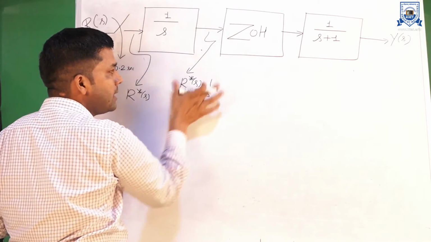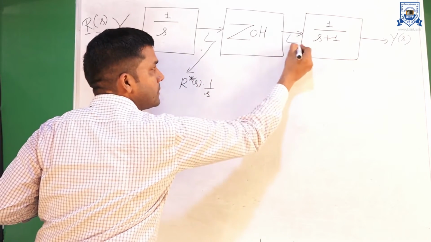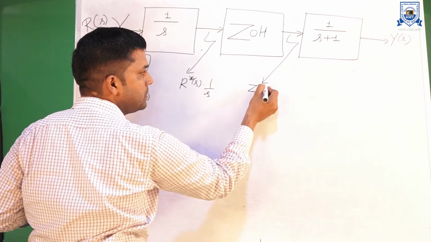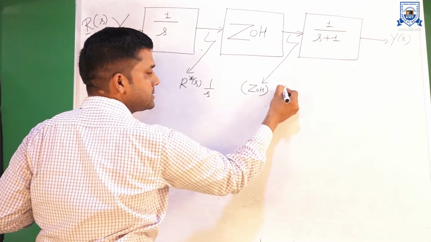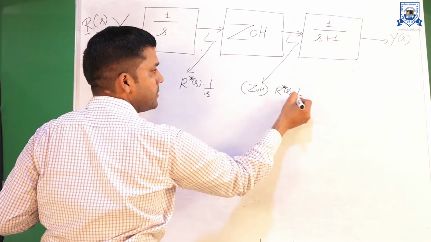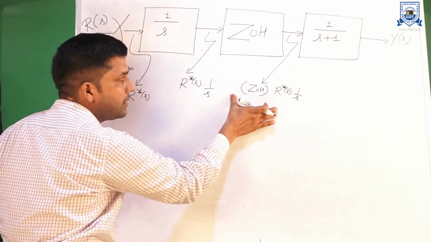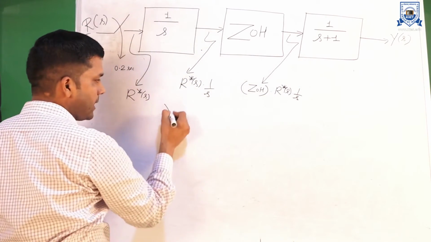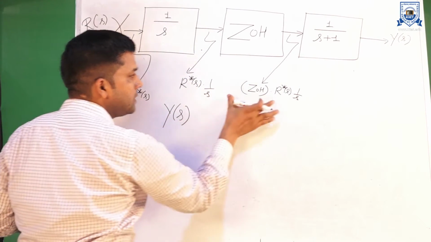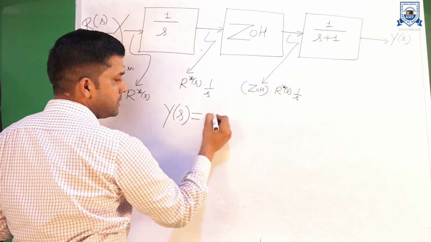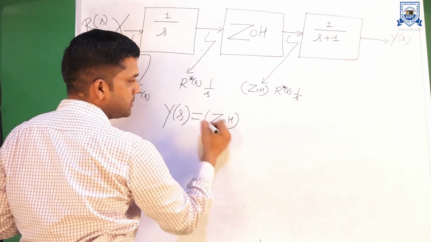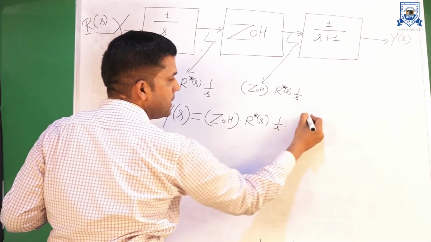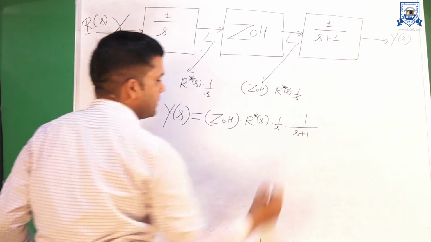Now this is the input of this block. Now this is the output, and what is this? ZOH into R star(s) into 1 by s. Now this is the input of this block. Okay, so what is the output? Y(s) is equal to input, ZOH into 1 upon s plus 1.